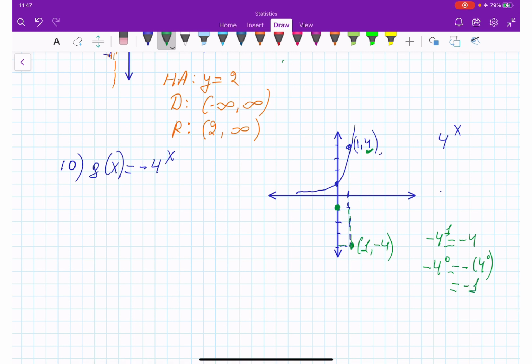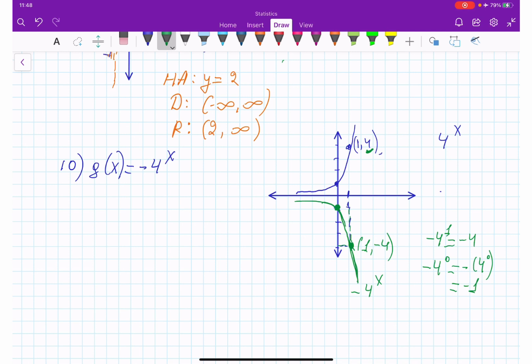So, which means it's going to reflect about the x-axis. So, let me see if I can. Wish me good luck. There we go. So this is negative 4 to the power x. Yes, you can see it's like a mirror. They are splitting and reflecting.